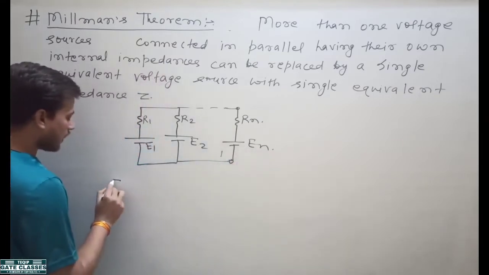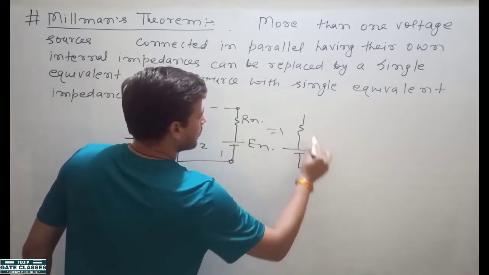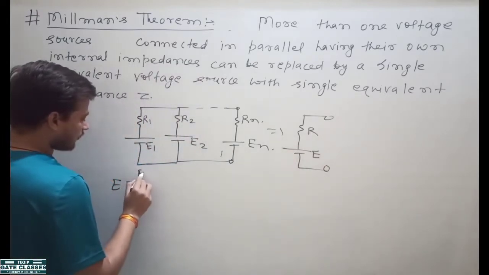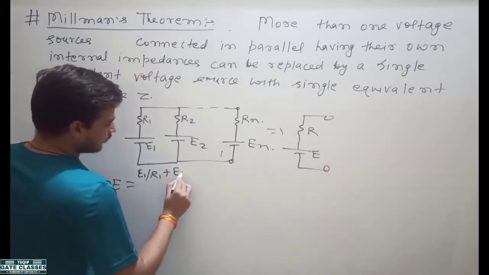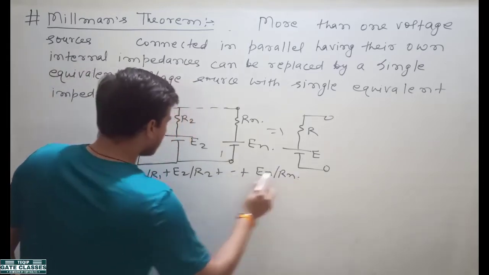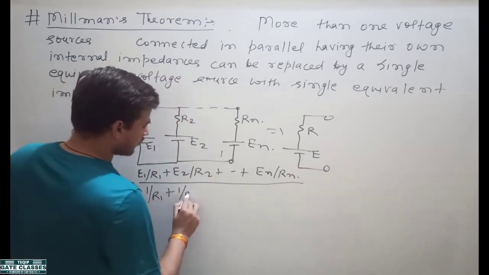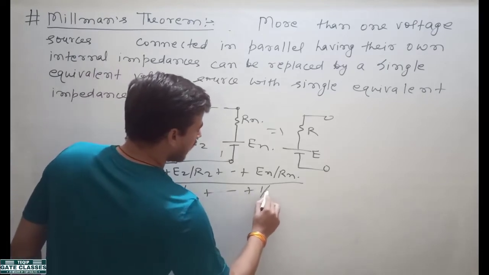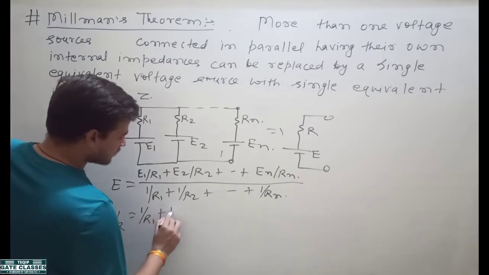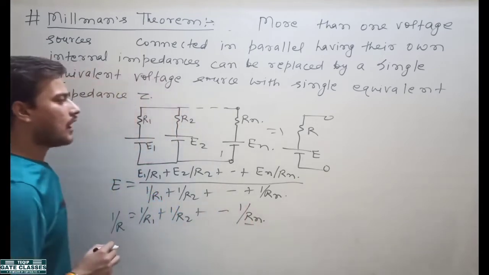So here also you will write E will be equal to E1 upon R1 plus E2 upon R2 up to En upon Rn divided by 1 upon R1 plus 1 upon R2 up to 1 upon Rn. Similarly, you can write for resistance, it will be equal to 1 upon R1 plus 1 upon R2 up to 1 upon Rn.